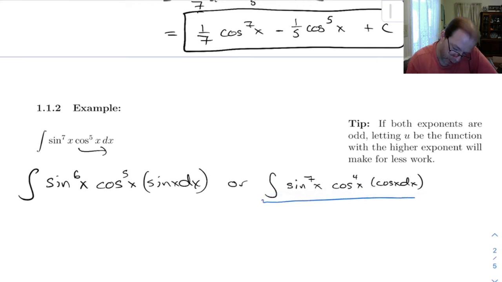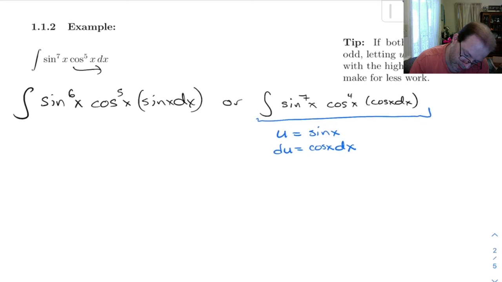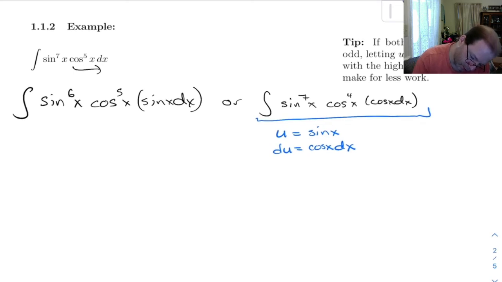And again, they'll both work, but this one will be a little less work as far as the algebra goes. So let's go with that one, and we're going to let u equal sine x. Du is going to be cosine x dx.